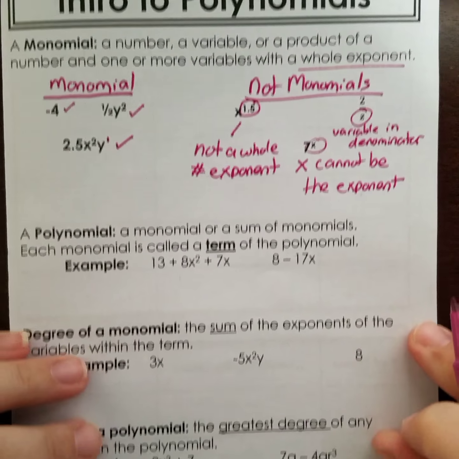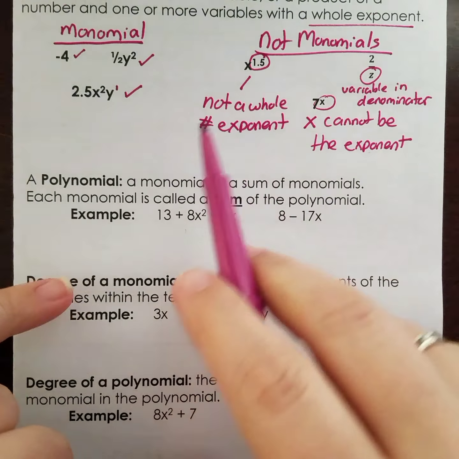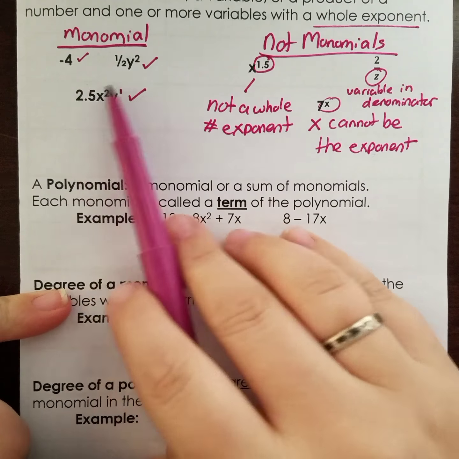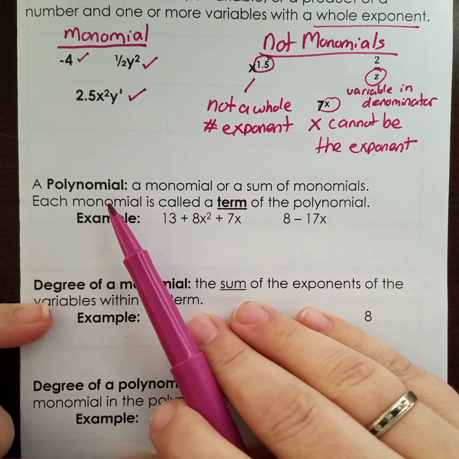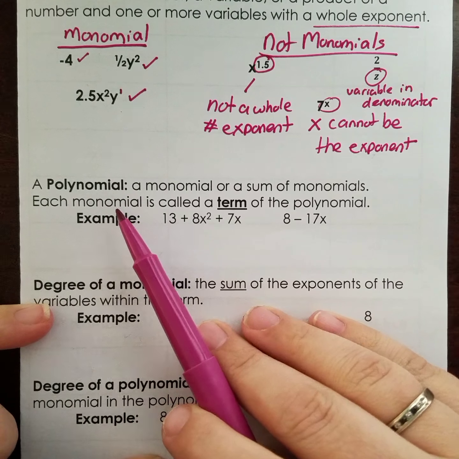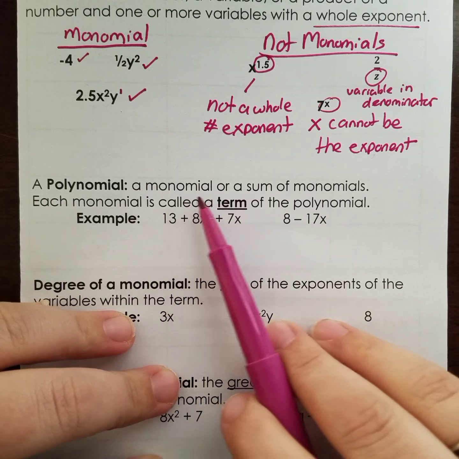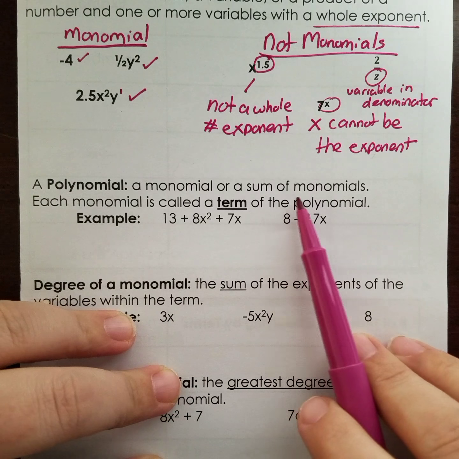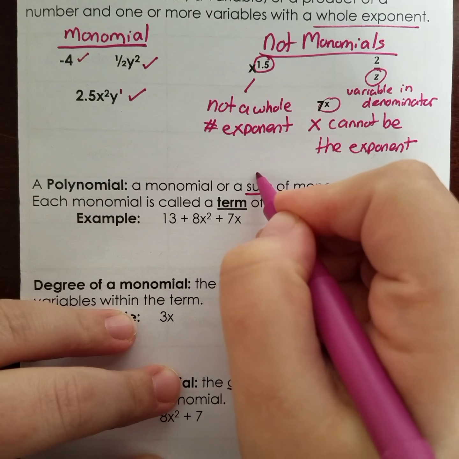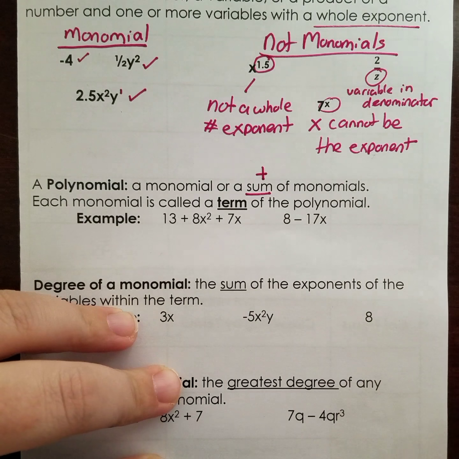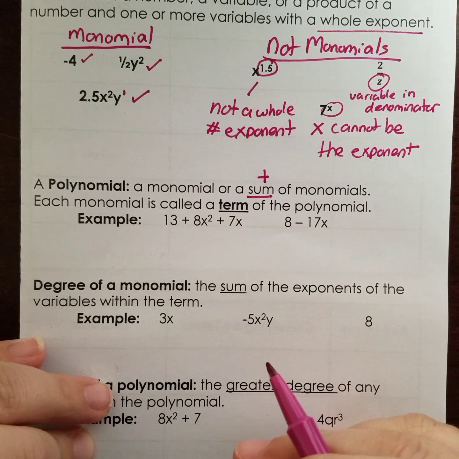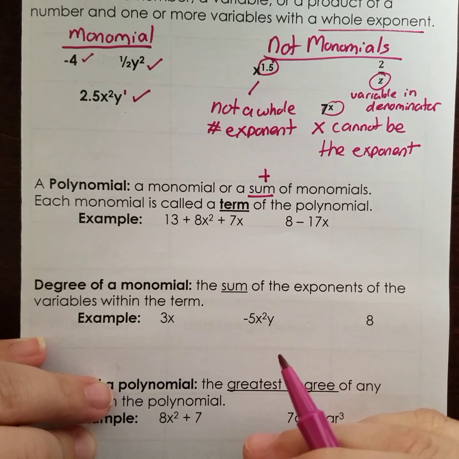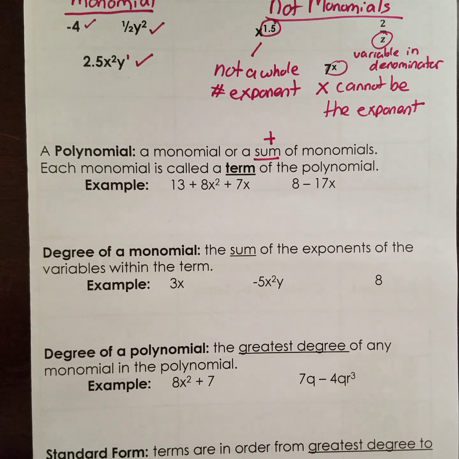Okay. Moving down. Monomial meant one term, so like here's one thing, okay? Polynomials mean that there's going to be more than one. So, a polynomial is a monomial or a sum of monomials. Sum means addition or subtraction. It's okay. All right? Each monomial is called a term of the polynomial. So, let's look down at these examples.